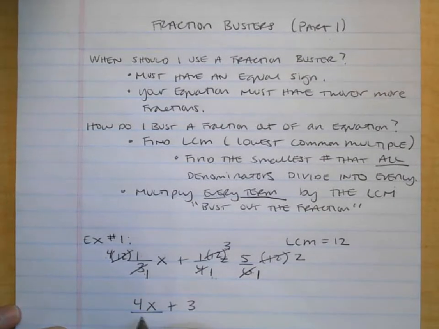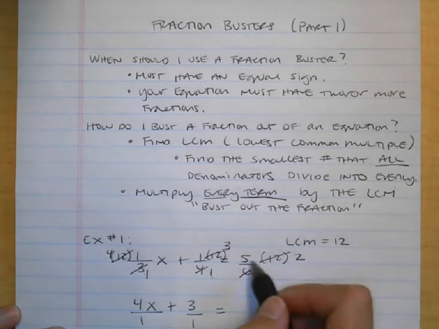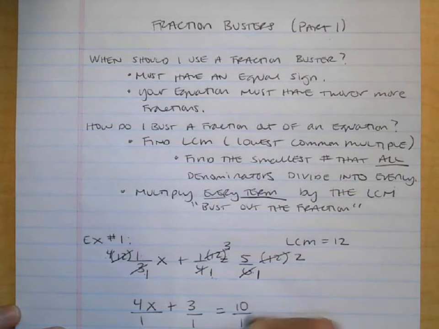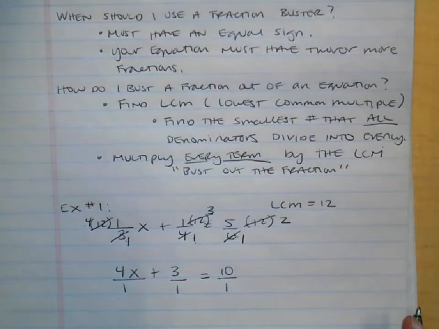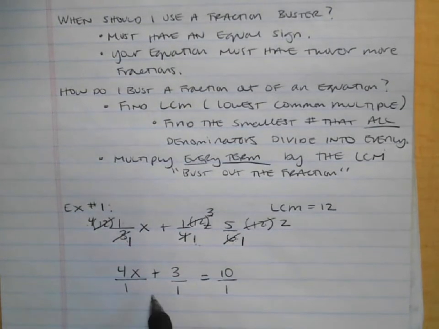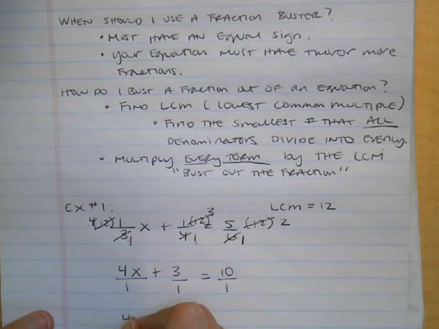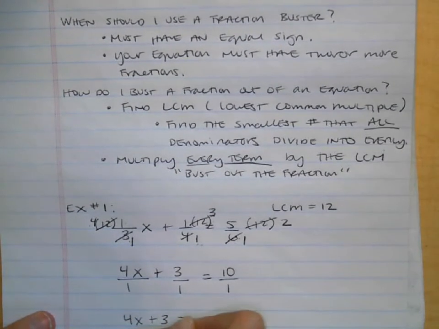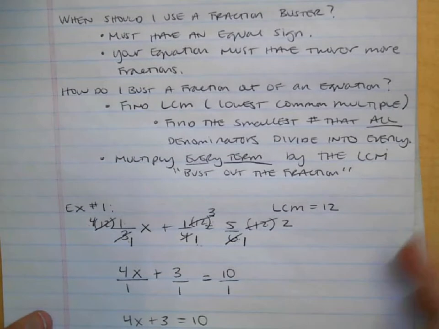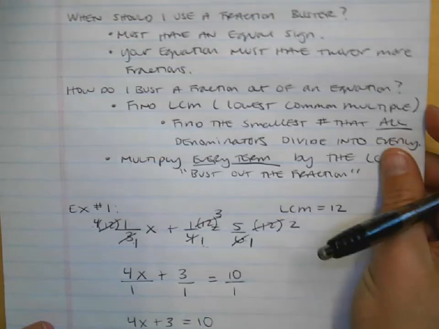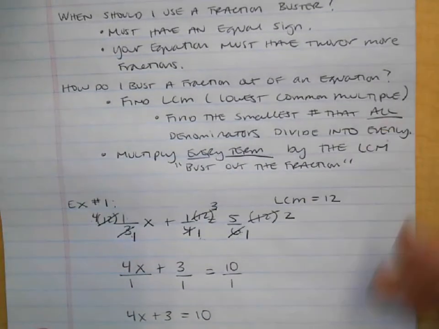And then I'm actually going to show you guys this, because this is what your fractions would all look like. You have your equal sign, 2 times 5 is now 10, and then you still have your 1 on the bottom. However, it's a lot easier when anything divided by 1 is still going to be itself. So we're just going to have our 4x plus 3 equals 10. And now we're right back to solving our values like we normally do in an actual equation.